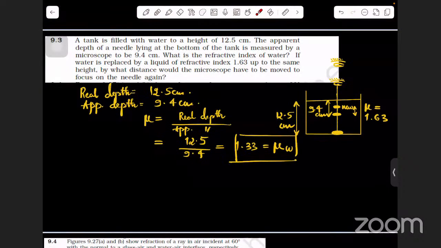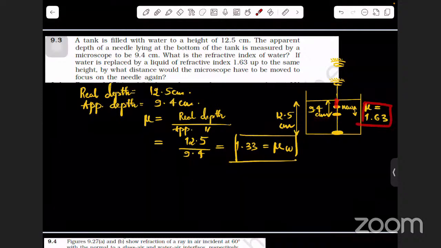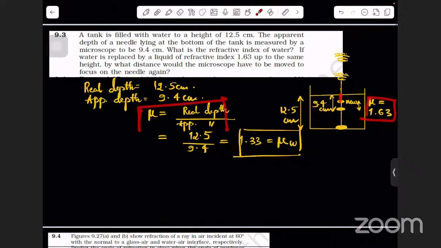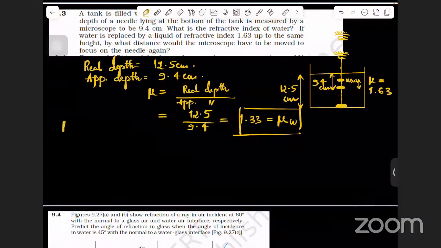So we know this apparent depth is 9.4. And for the new liquid, if we find the apparent depth from this formula, we can subtract the two values and very well get the difference. That's the logic behind this question. So let's get going. Mu of the liquid is again the real depth, 12.5, over the apparent depth.